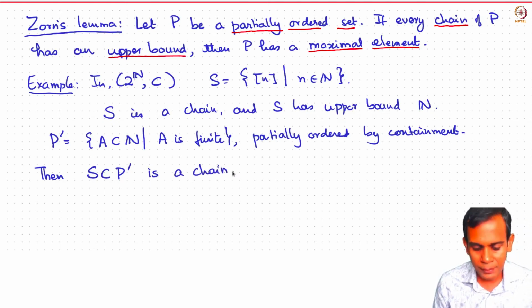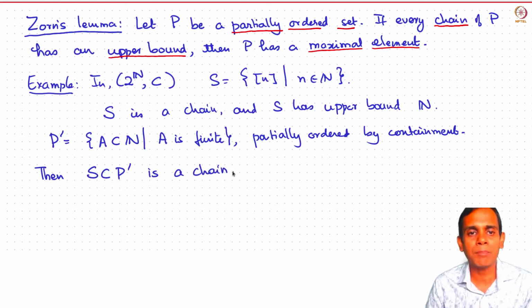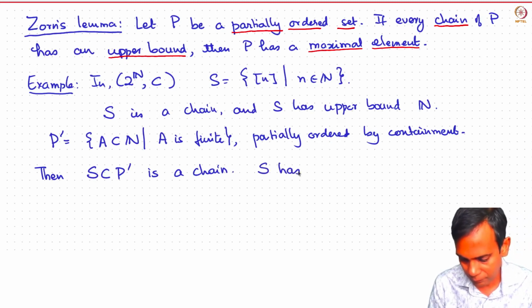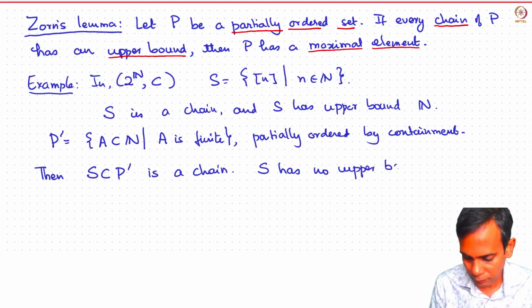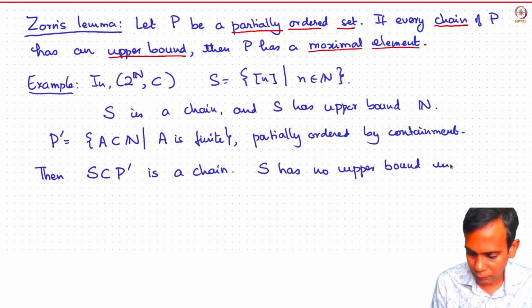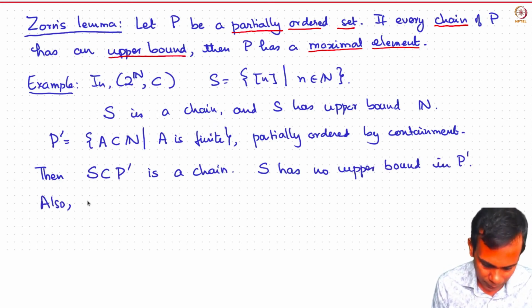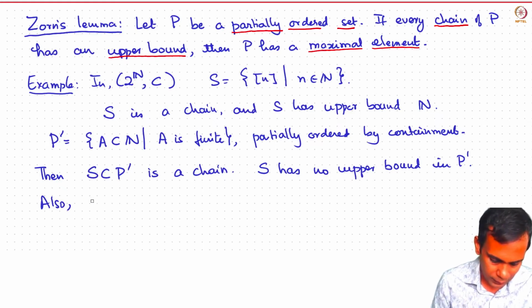in P prime, but we saw that the only upper bound for S in P was the set of natural numbers itself, and so S has no upper bound in P prime. Also, P prime has no maximal element.